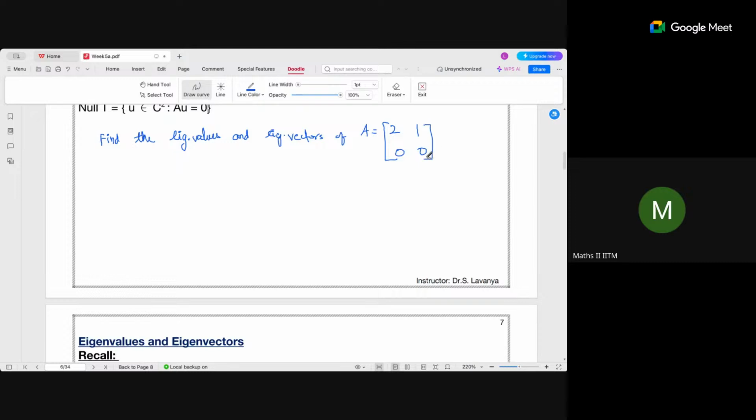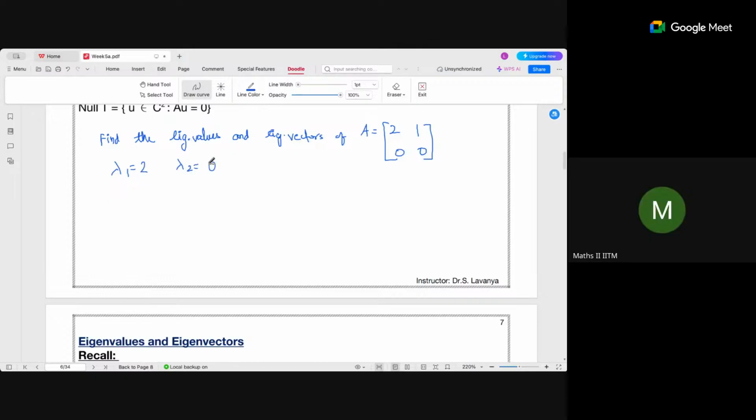A very easy matrix. What are the eigenvalues? Is it possible to say straight away? The diagonal elements, for any upper triangular matrix. Yes, so 2 and 0 themselves.